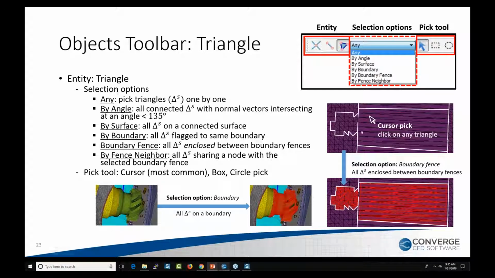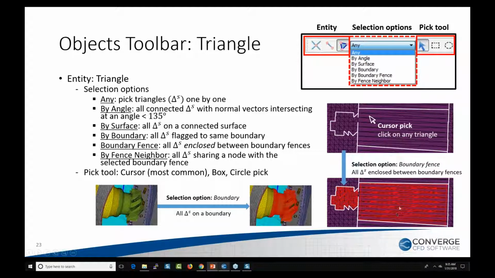You can pick by boundary fence, which is the most useful and most commonly used. Say you have drawn a boundary fence like this, and say this edge is not flagged as a boundary fence. If I click on a triangle, it will propagate outward and select all triangles lying enclosed within the boundary fence.